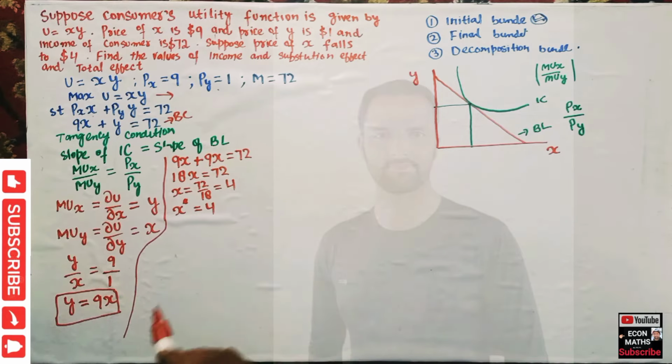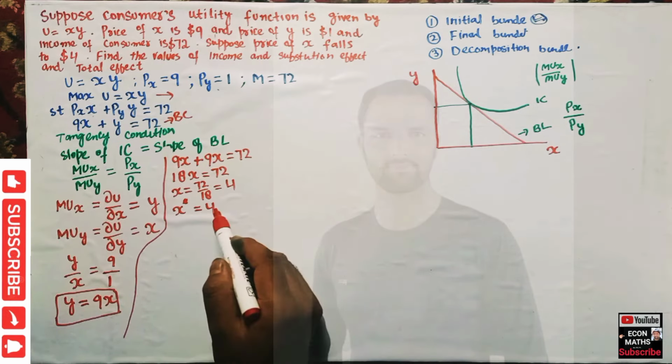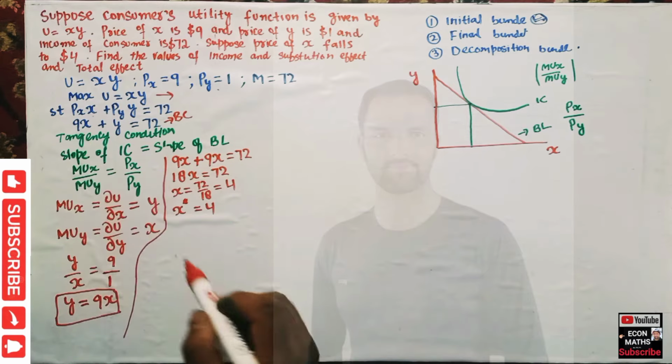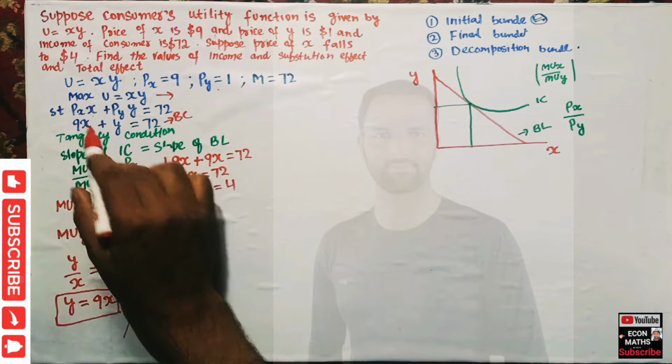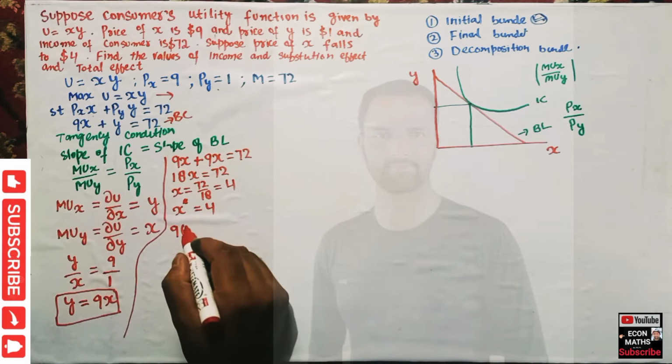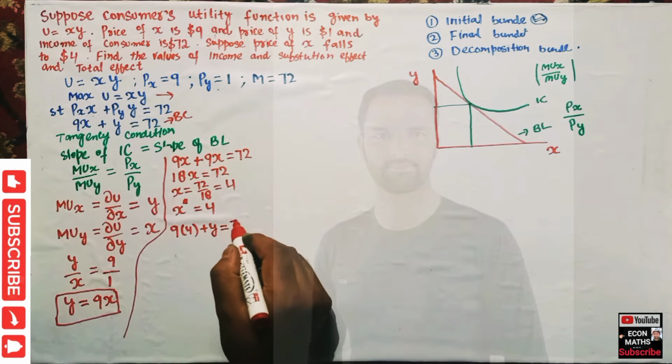Now what will be the optimal consumption of good y? Just plug x equal to 4 again in our budget constraint. So we have 9 here, and in place of x we have 4, so I will write 9 times 4 plus y is equal to 72.